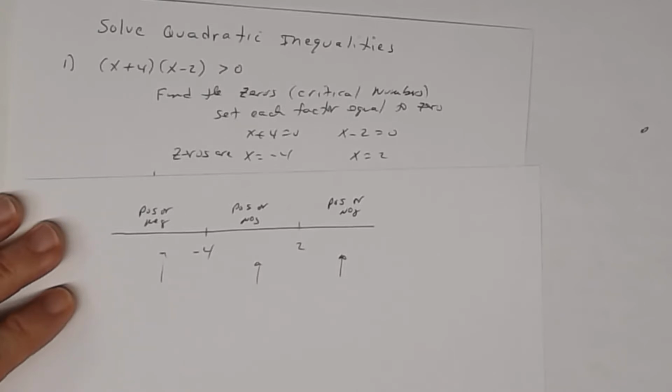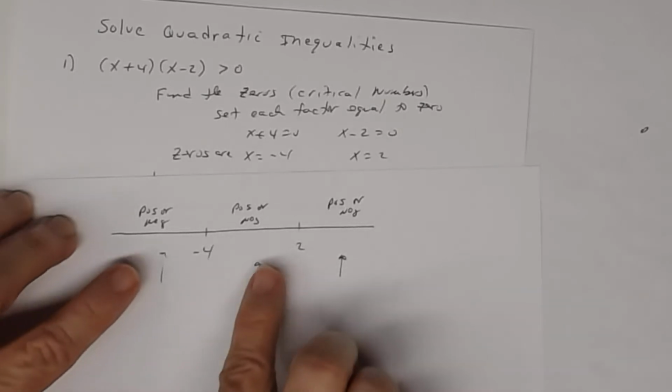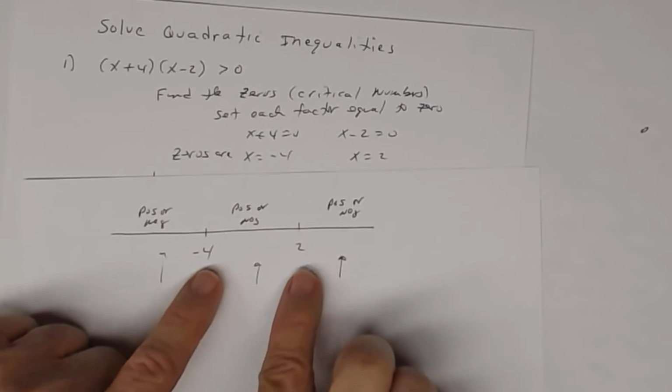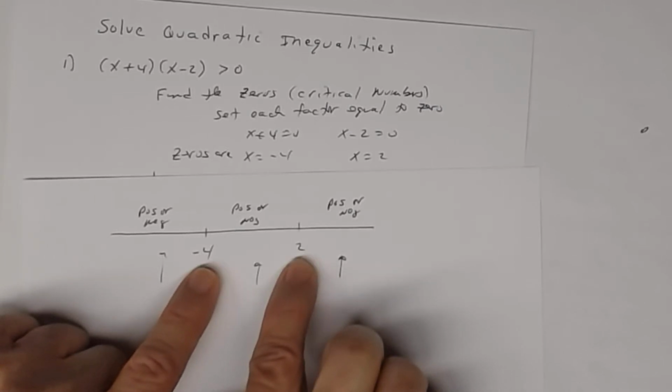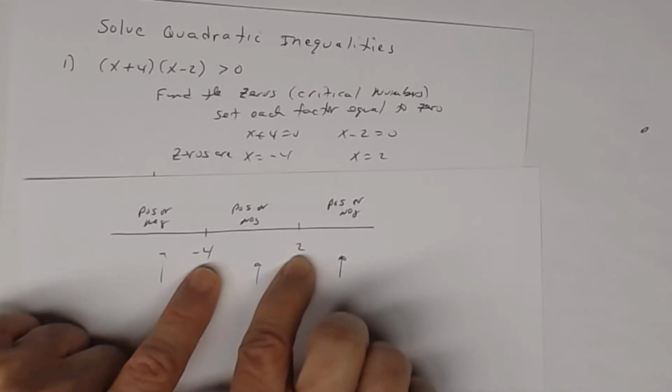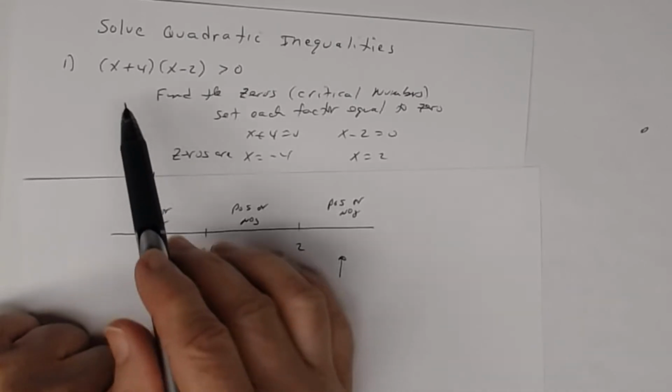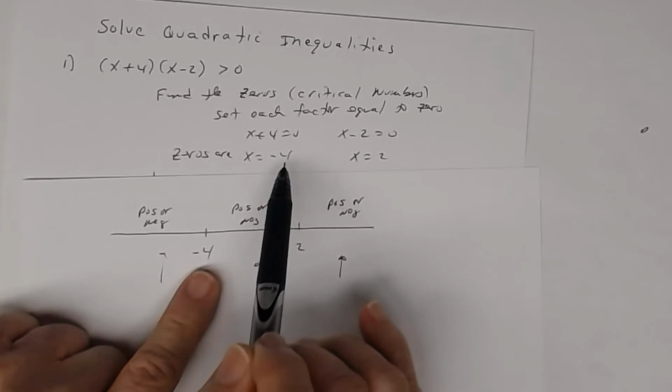Okay? All right, now the next thing you're going to ask yourself is this, and this is going to be important as we move along. You see that you have 3 intervals, right? Now remember, -4 and 2 are the values that make this product 0. Those are your zeros.